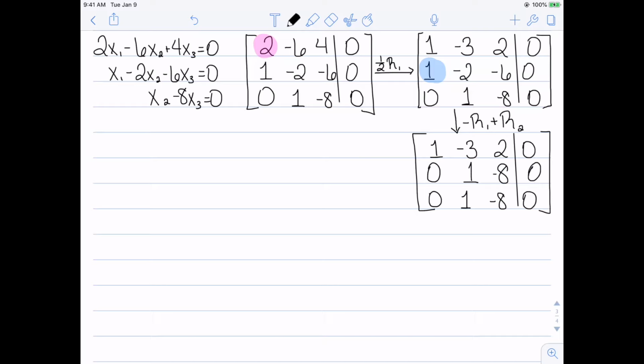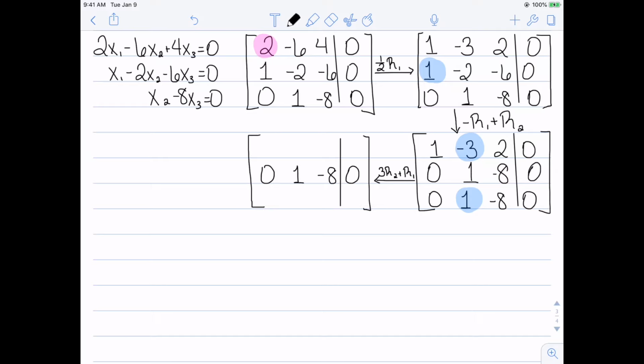Now that the first column looks the way we want it to, we start on the second column. The second row, second column is already a 1. So instead, we need to get zeros both above and below that 1. For the top one, the negative 3, we'll need to do 3 row 2 plus row 1.